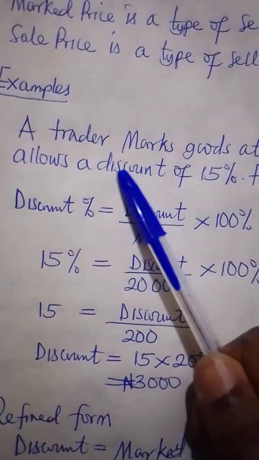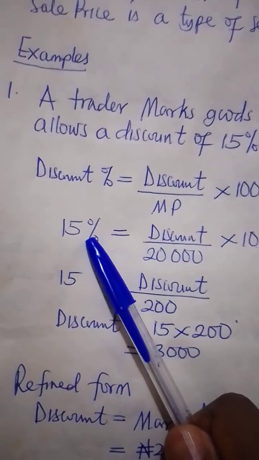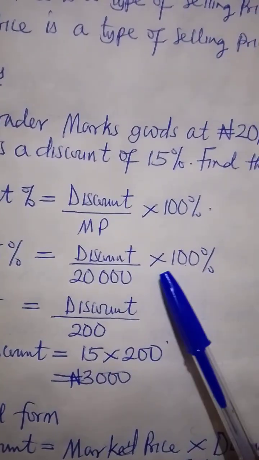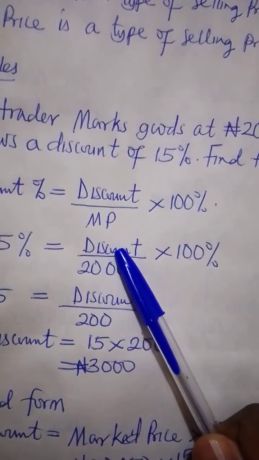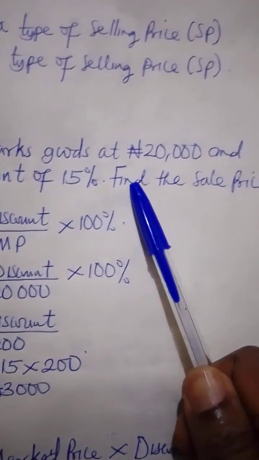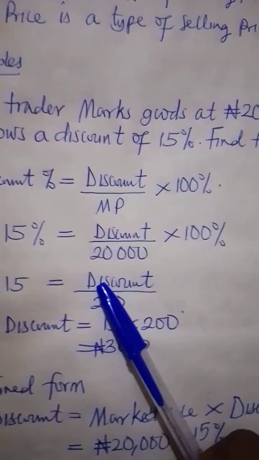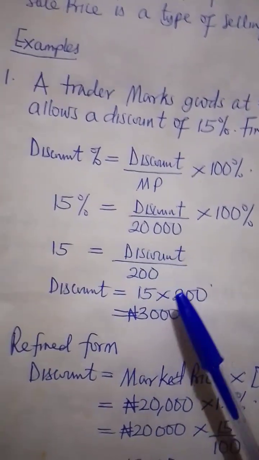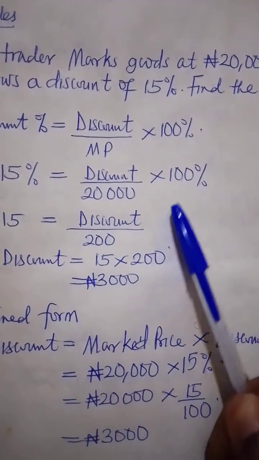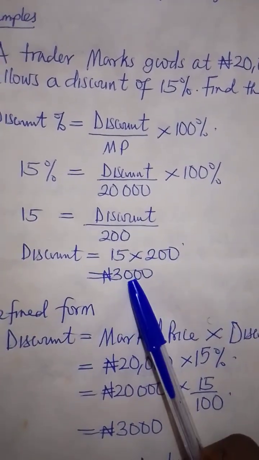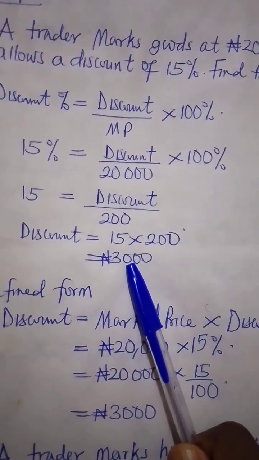We're given the percentage discount to be 15%, and then we'll know the marked price to be 20,000. We're told to look for the sale price rather, but we need a discount to be able to do so. So if you resolve this properly, you will get 3,000 naira.